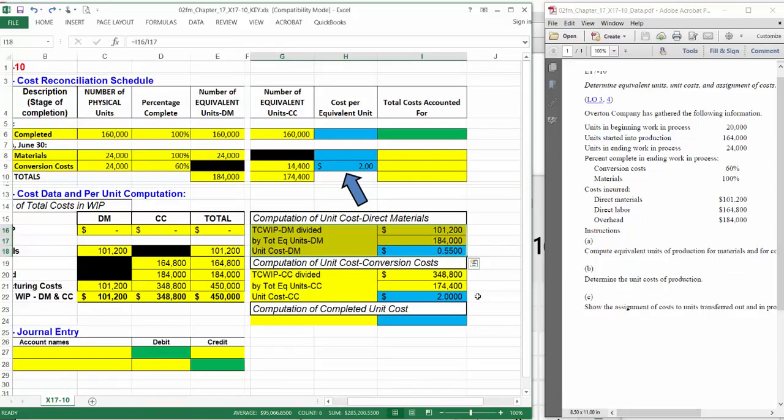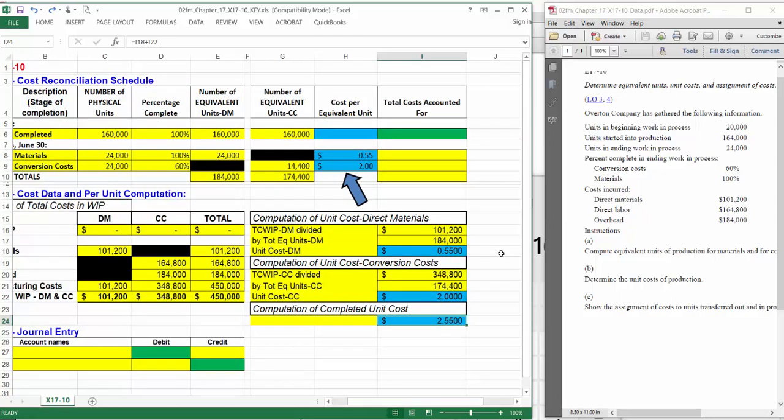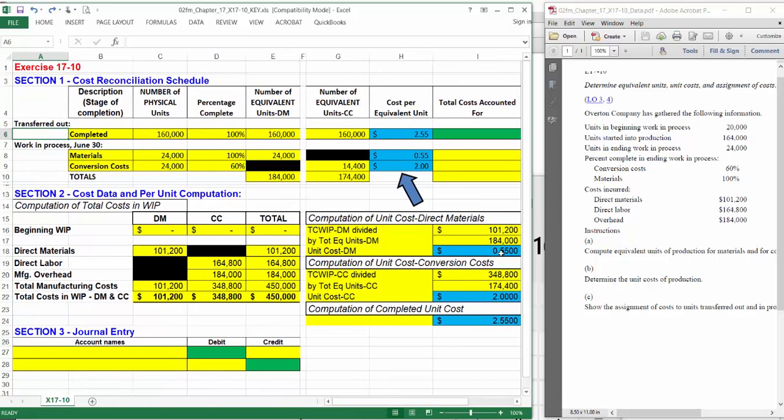And I'll calculate the unit cost for direct materials too by taking my total costs in work in process for direct materials, $101,200, and dividing by my total equivalent units as far as direct materials are concerned. So I get 55 cents. The combined total of both of those is $2.55, but I only get to use that in one place, and that is for the completed units because they're complete as to both materials and conversion costs.